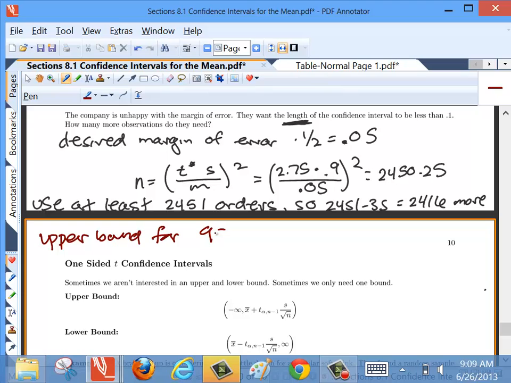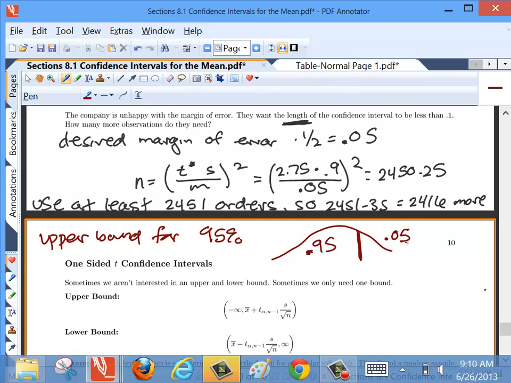So you need an upper bound for 95%. When I drew my picture, I only need my upper bound. I don't need my lower bound. So how much do I want still in that middle area? I want my 95% to still be in that area. So I want the upper bound, so my 95% goes here. So how much is going to be left for the other part? 0.05.